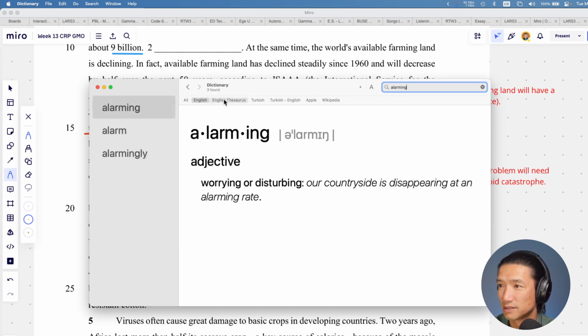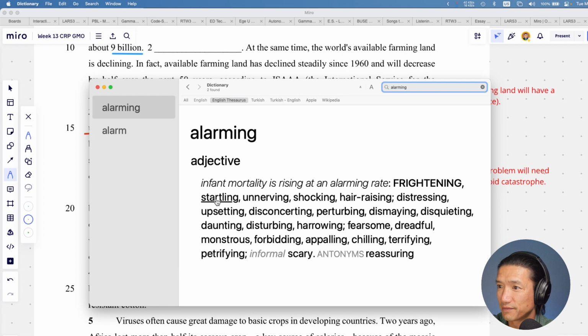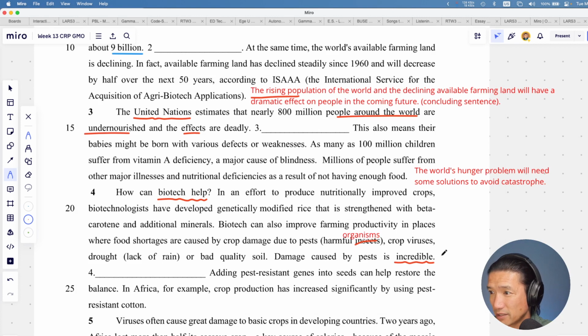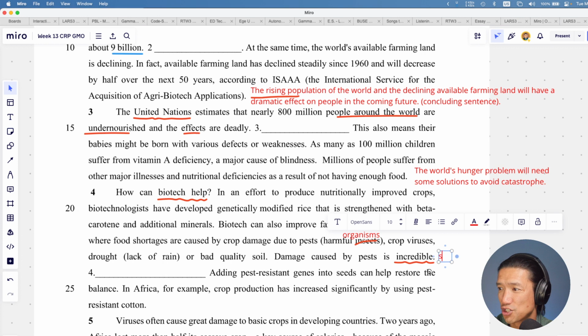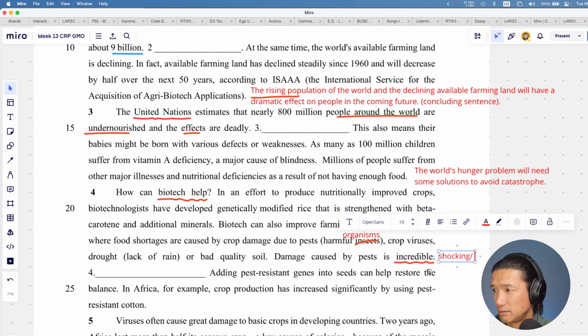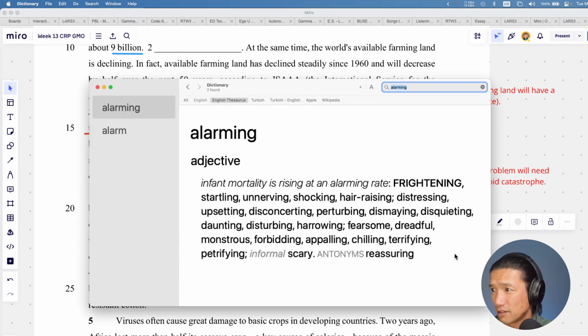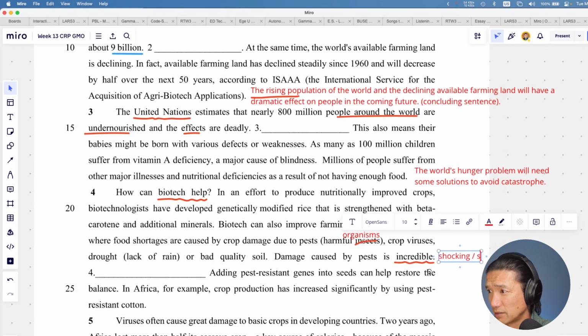Let's look up words that are negative. Frightening, startling, see? Unnerving, shocking. Shocking is like a good word. Not incredible. Yeah, man, I'm changing that. Shocking. It's frightening, even. I mean, startling.